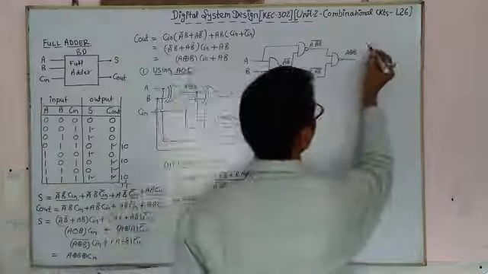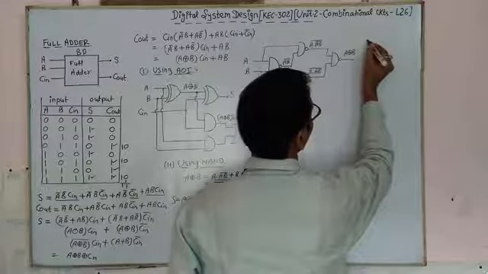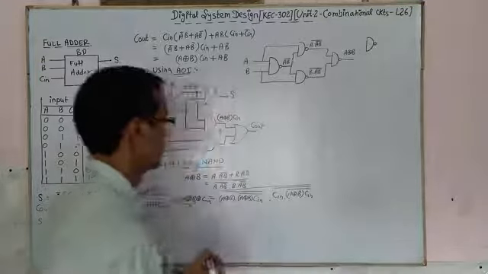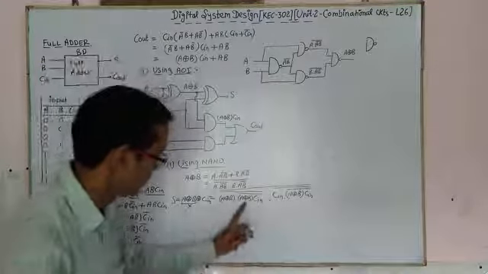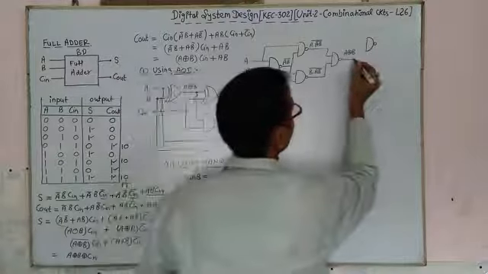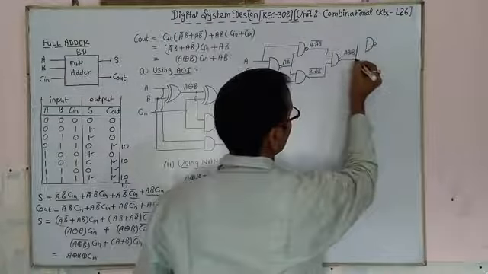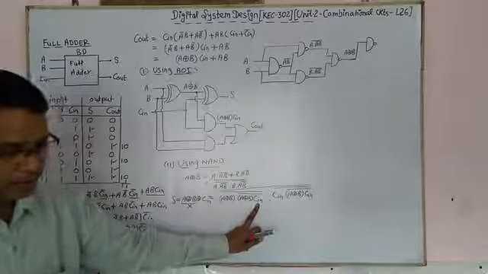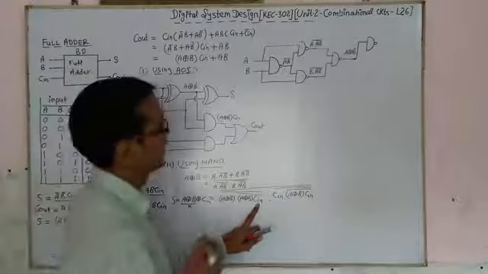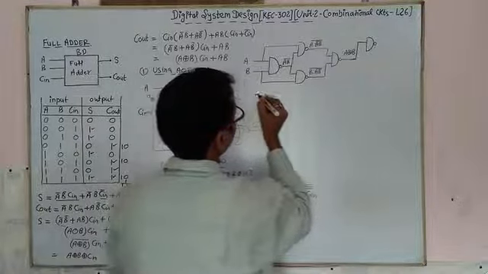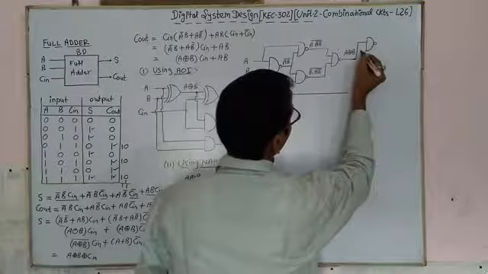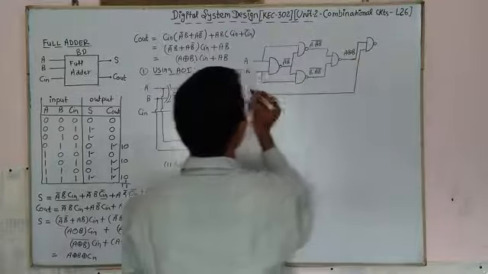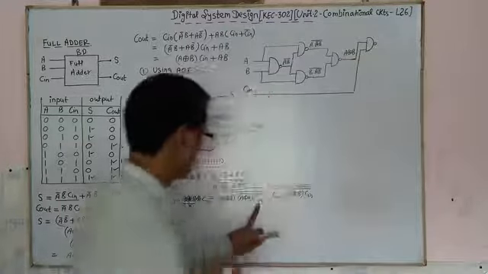One input is A XOR B, and the other is Cin.